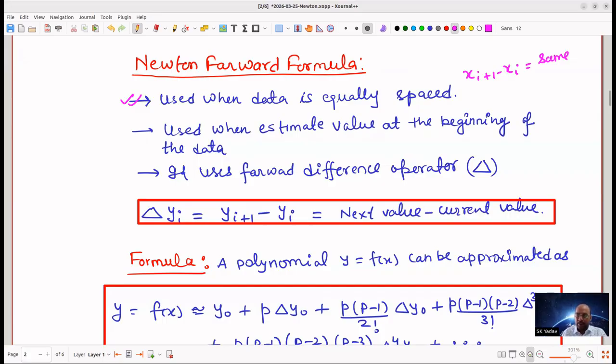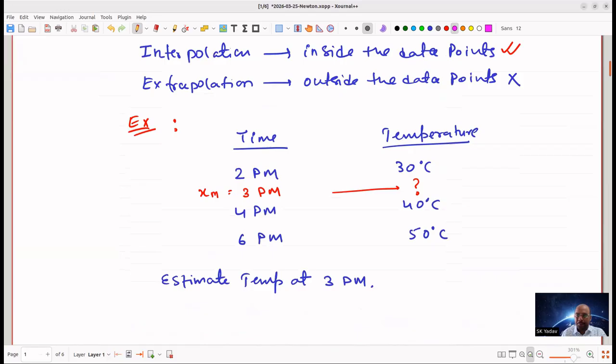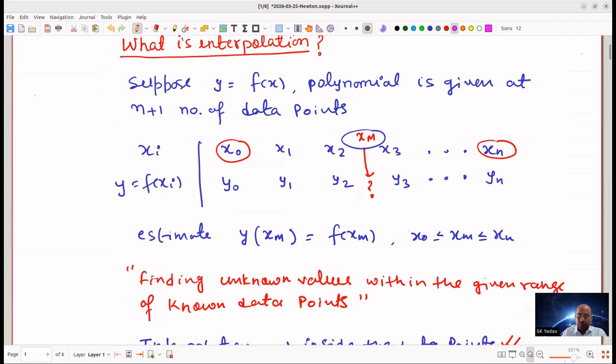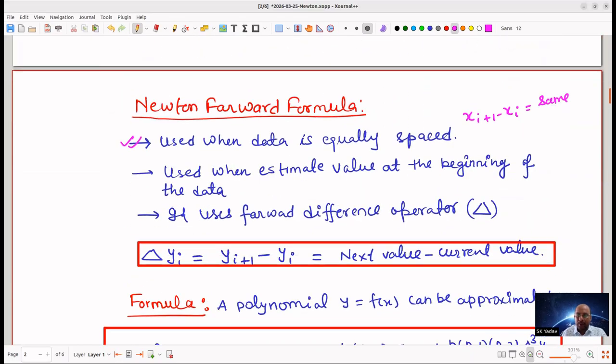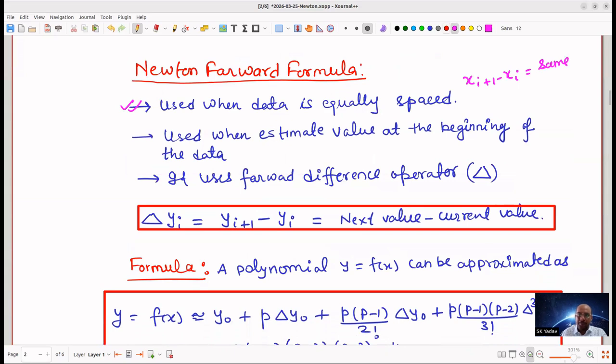That means the difference between these two points is equal. So Newton's forward and Newton's backward formulas are applicable when the data points are equally spaced. It's a very important point here.